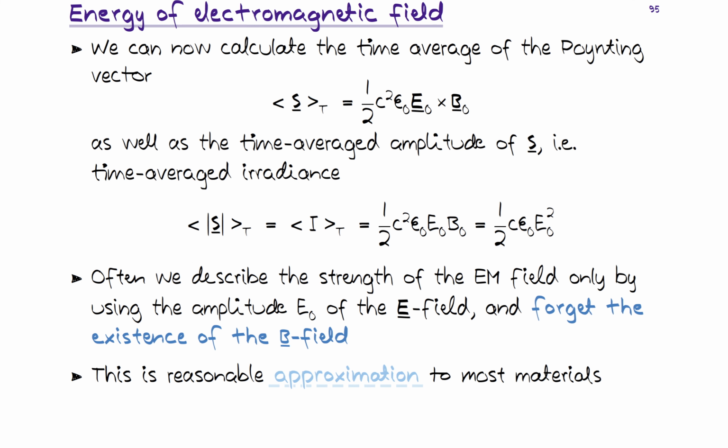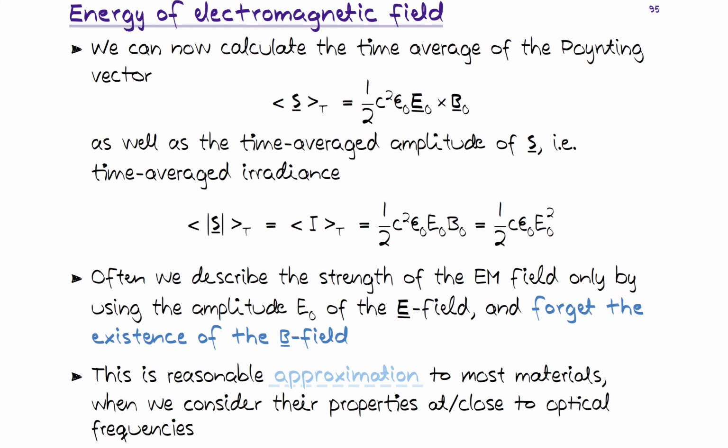So, like I already said, most of the time at optical wavelengths, we are fine in just looking at the E fields, and the proper motivation is that this is a good approximation, especially for most of the materials when we are at or close to the optical frequencies. But if we had strongly magnetic materials, for example, ferromagnetic materials, then we should be more careful.